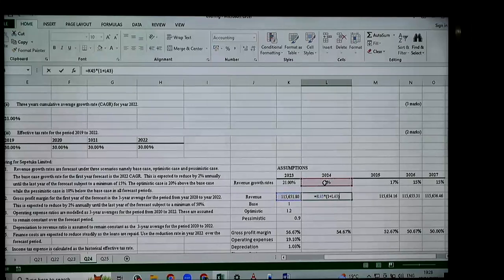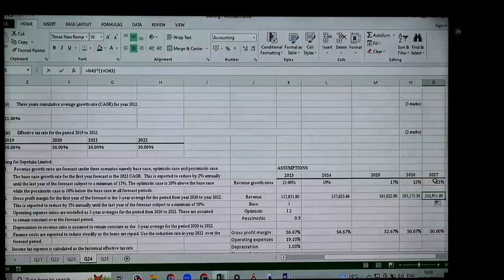You close your brackets, control enter. Sorry, maybe I never dragged along. So you see, I'm not locking anything so that when I drag along, it moves. I can move this way. You can see if I click on this cell, it will be 2026 times 1 plus 2027, the 15%. I think that's where there was a problem. Escape. Even if you click to 2026, it will be 2025 plus the growth rate in 2026. I'll press escape.